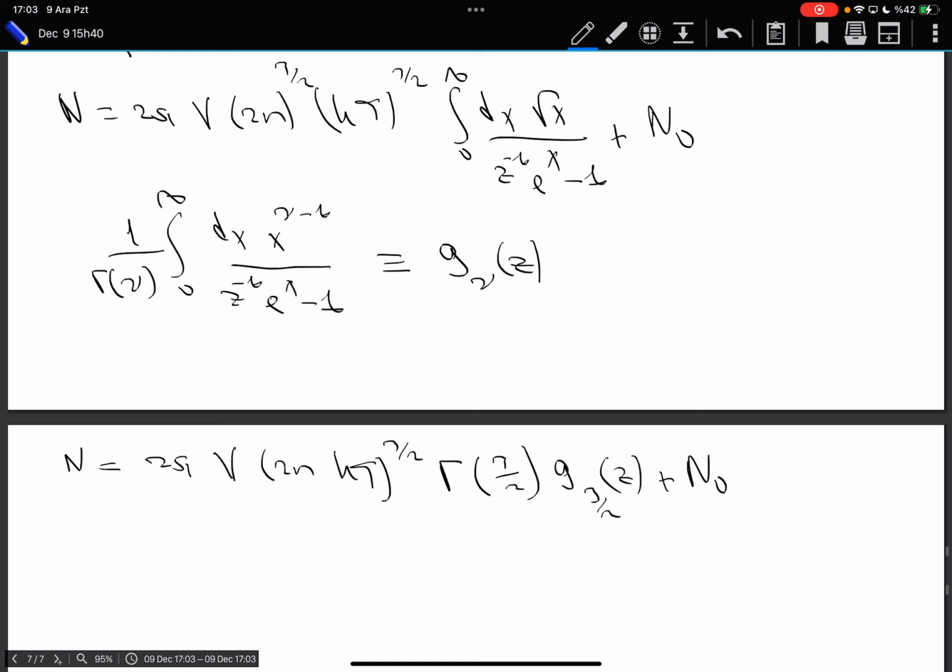Now what is gamma 3 over 2? Does anybody remember? Was it 2? 2 perhaps? No, it definitely has a square root of pi over 2.